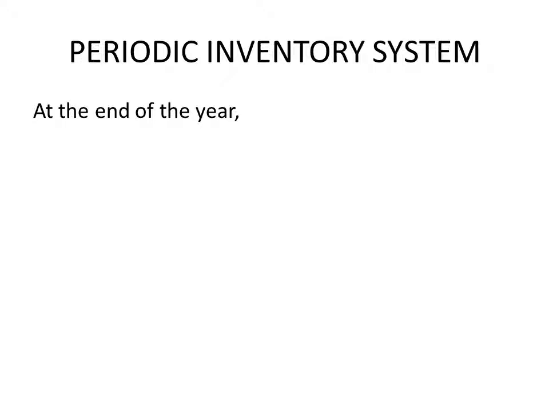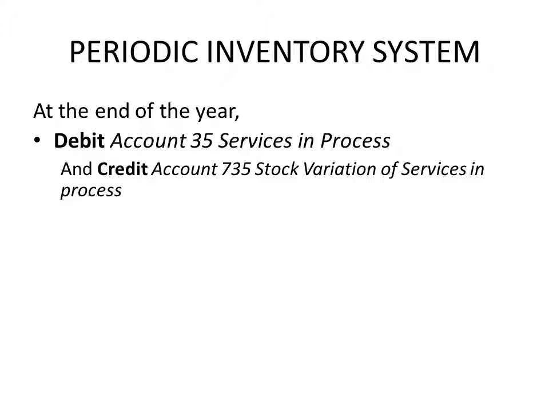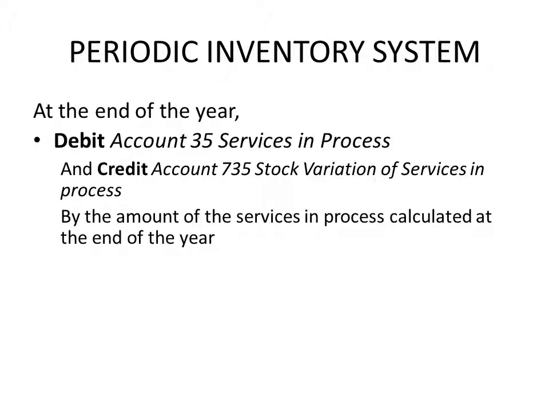If an entity decides to use a periodic inventory system, at the end of the year the entity is going to debit account 3.5 services in progress and credit account 7.3.5 stock variation of services in progress by the amount of the services in progress calculated at the end of the year. So the services in progress at the end of the year is valued, and that value is debited into account 3.5 and credited into account 7.3.5.